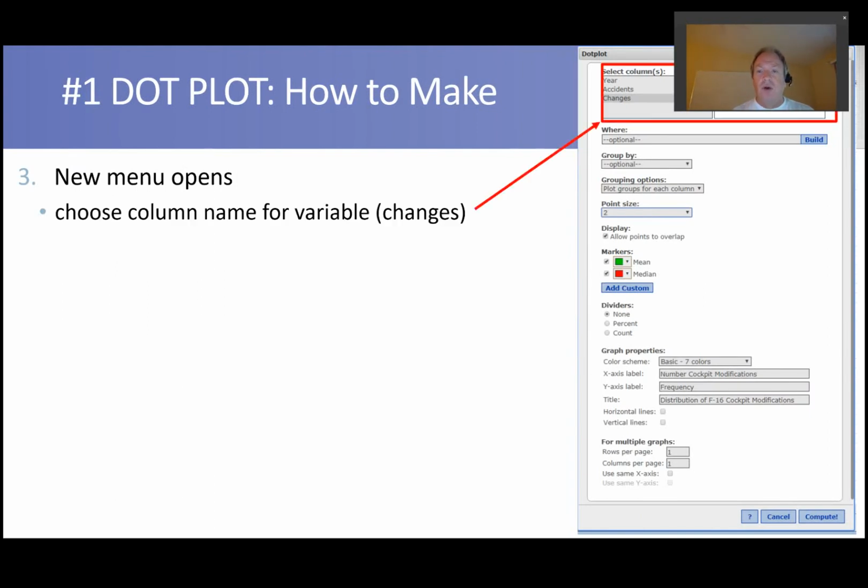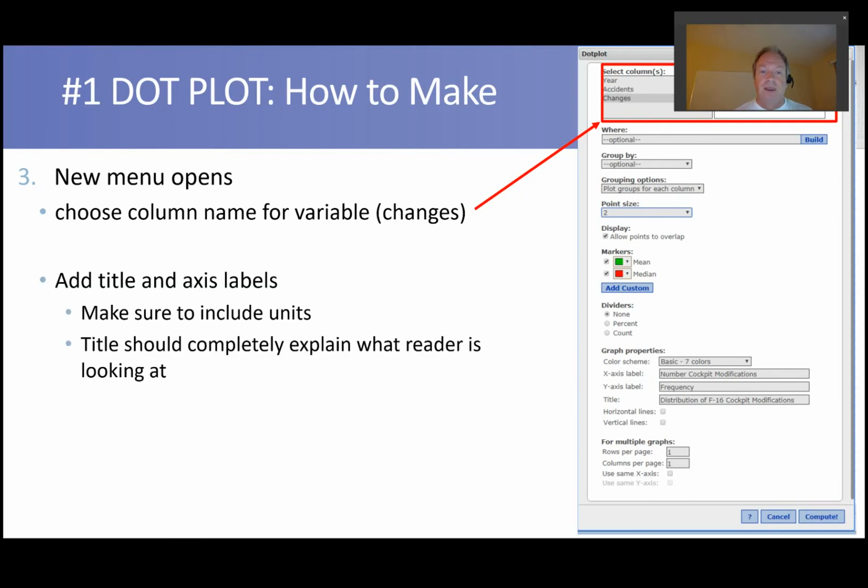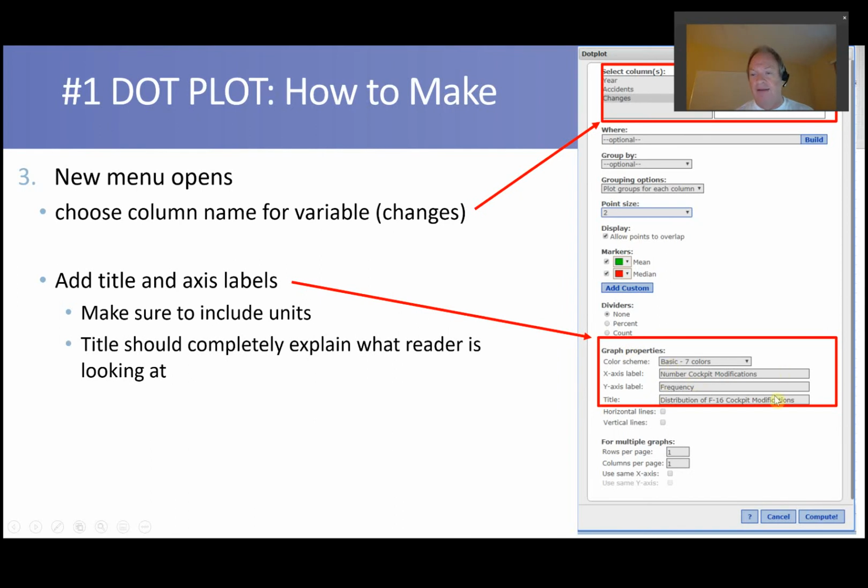First of all, we're going to choose the variable that we want to plot. I'm going to click on changes, and you can see that highlights that variable. I have to tell StatCrunch first what I want to plot. Then we're going to put in the axis and the title, and this is all we really need to do.